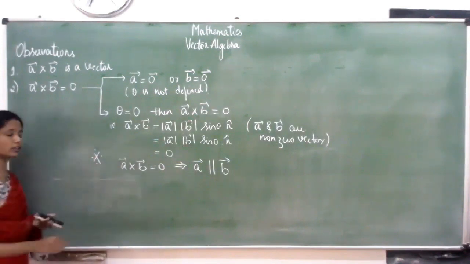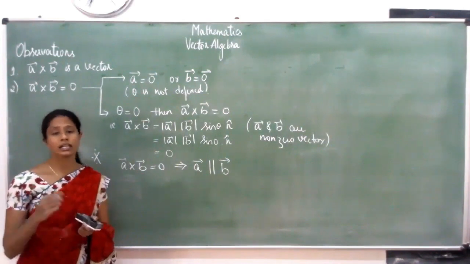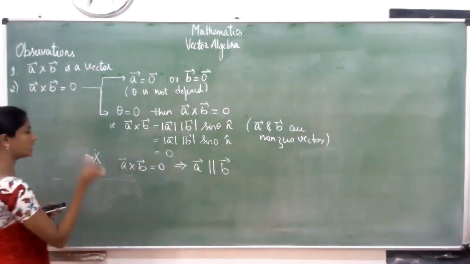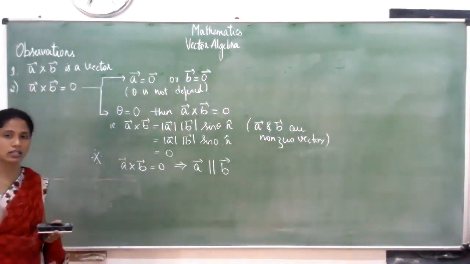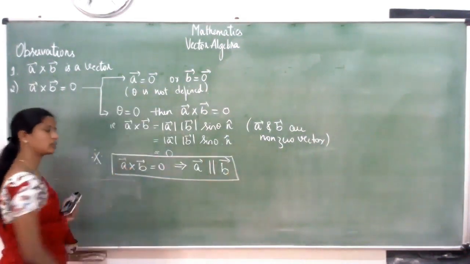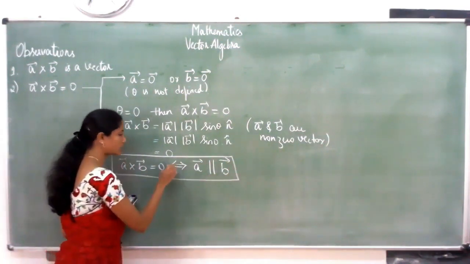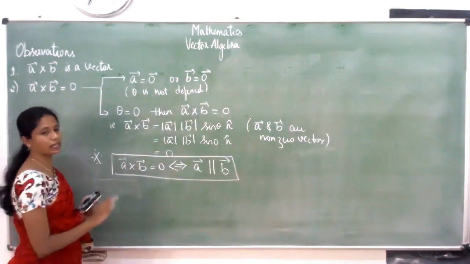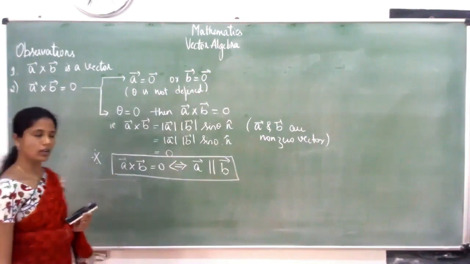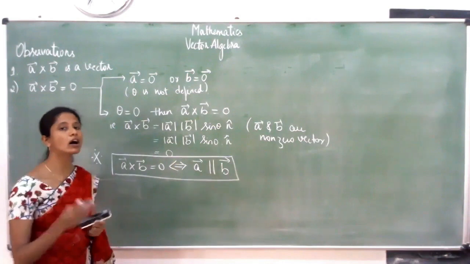In dot product, if vector A dot vector B is equal to 0, that implies that vector A is perpendicular to vector B. In dot it is perpendicular, in cross it is parallel. This is one of the important observations. So this can even be said as, if vector A is parallel to vector B, then vector A cross vector B is equal to 0. Remember this. I hope you don't have any confusion between the dot and cross.